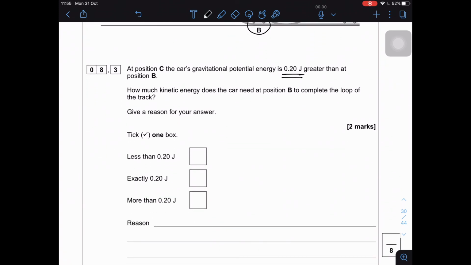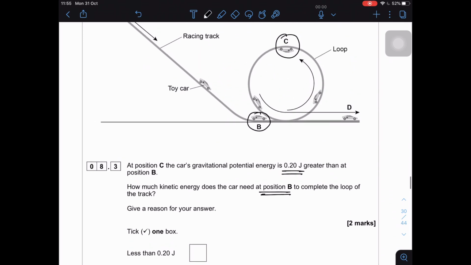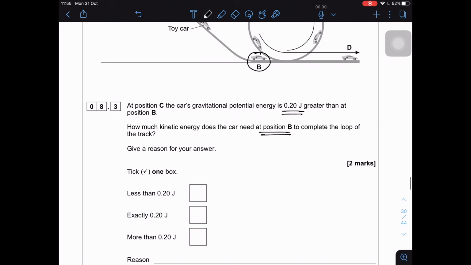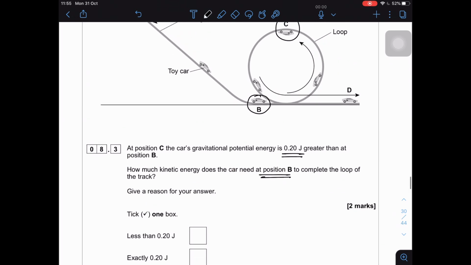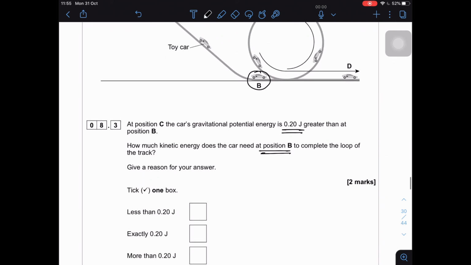So how much kinetic energy does the car need at position B to complete the loop of the track? At position B, how much kinetic energy do they need? Do you need more than 2, less than 2, or exactly 2 joules? All right, let's go through it one more time.